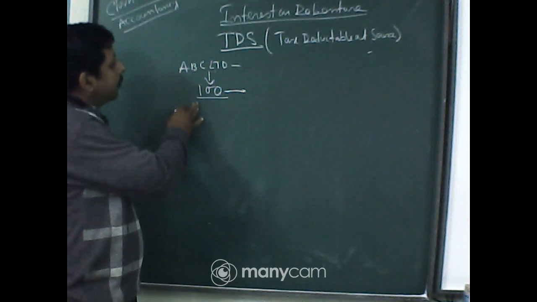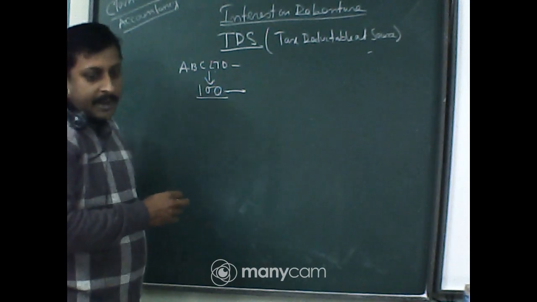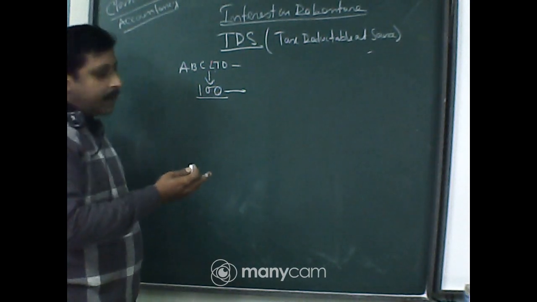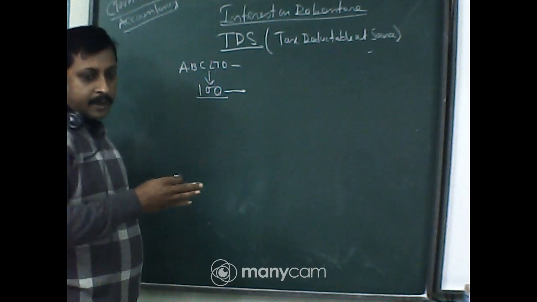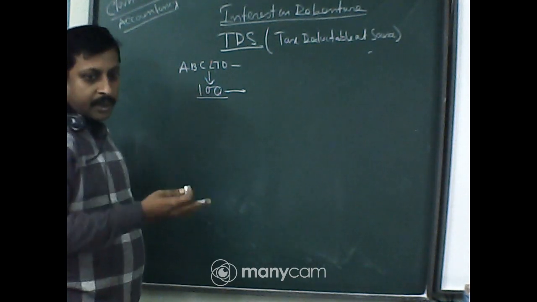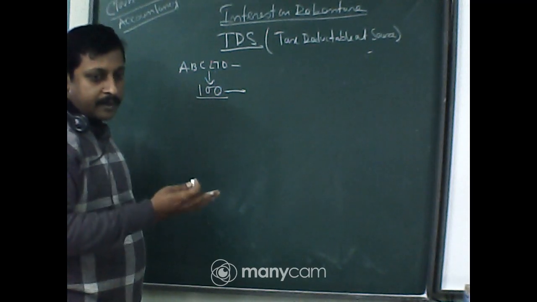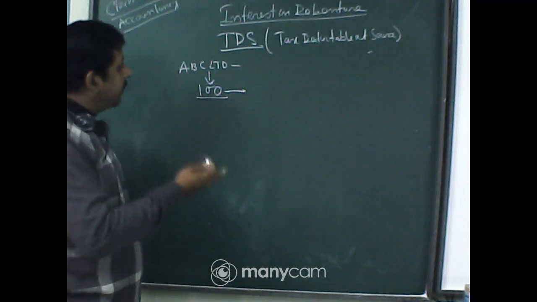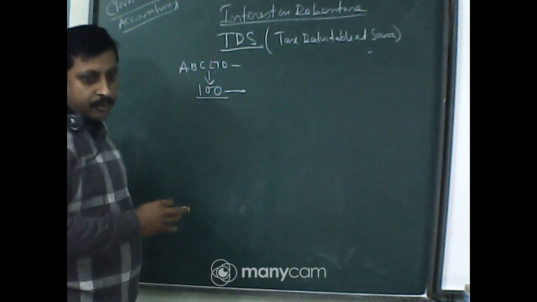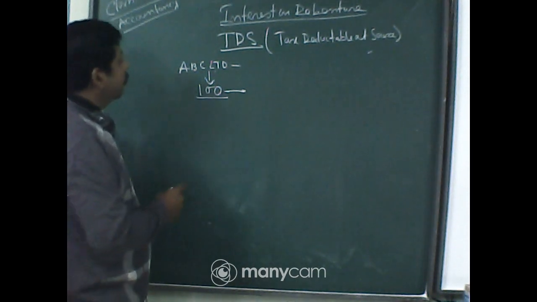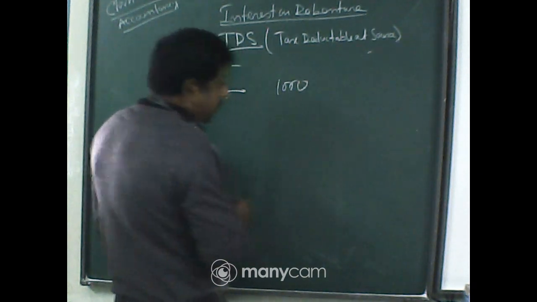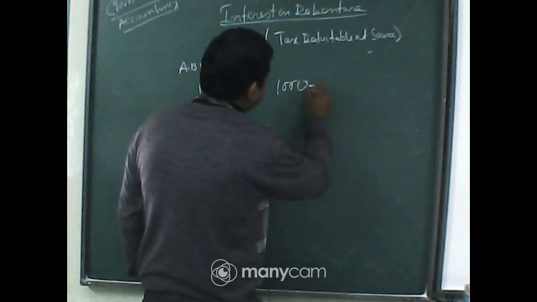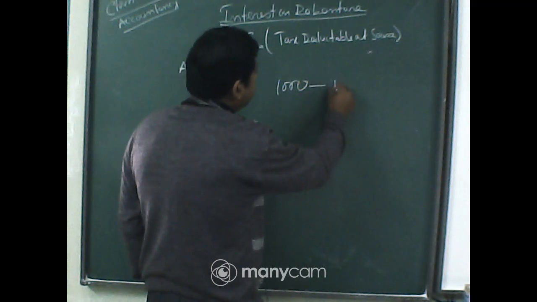So the government says to the company that you pay the taxes to the government, and whenever the debenture holder files their income tax return and shows the debenture interest, then at that time the tax will be returned back. Suppose the company gives 1000 interest to one debenture holder.